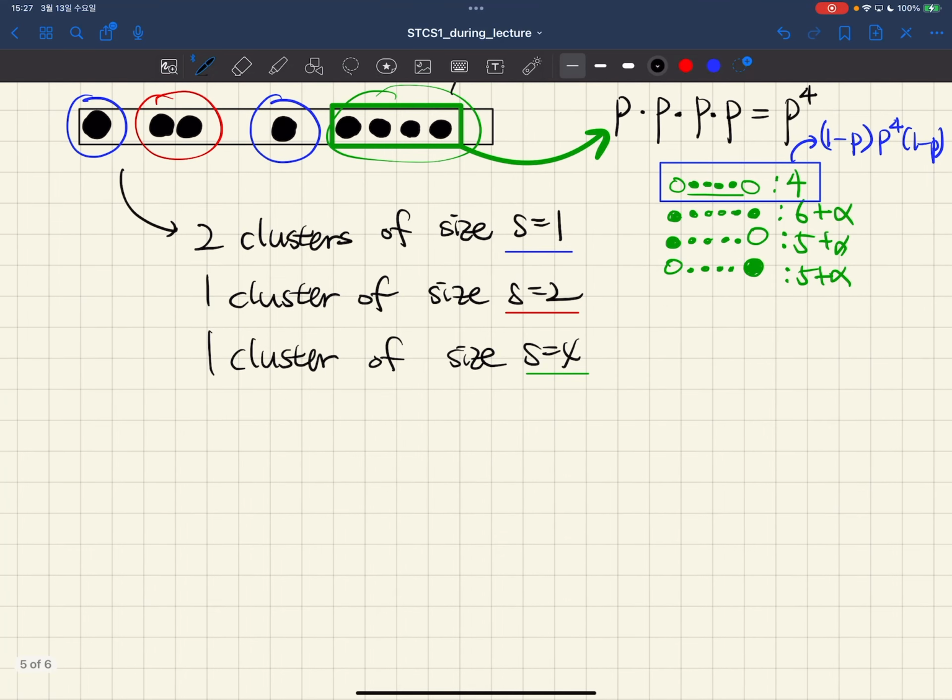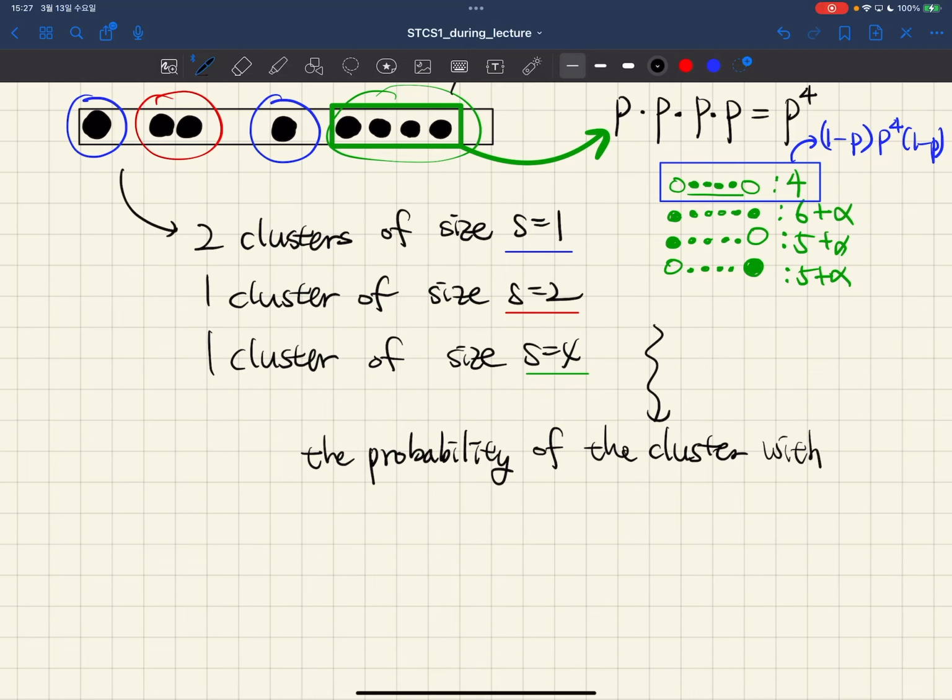So in general, of course, according to this logic, the probability of the cluster with the size s is of course (1 minus p) squared.